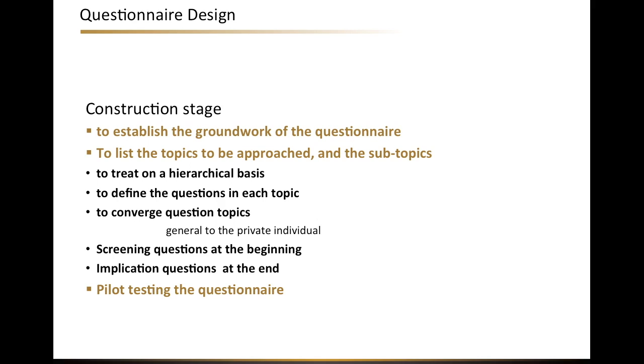By doing so, you run the risk of conducting a survey which is not going to get good data, because if the respondent feels defensive because you've asked them personal questions about themselves to begin with, then it's going to make it much more difficult to develop a rapport with them and to get good quality data. So you start with your screening questions at the beginning, if you indeed use screening questions, and you converge onto your implication questions towards the end.